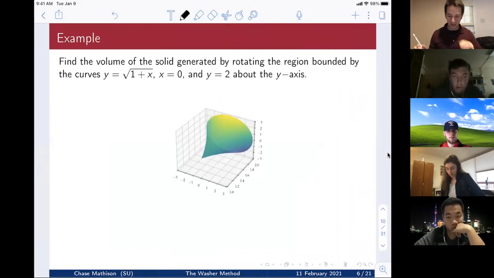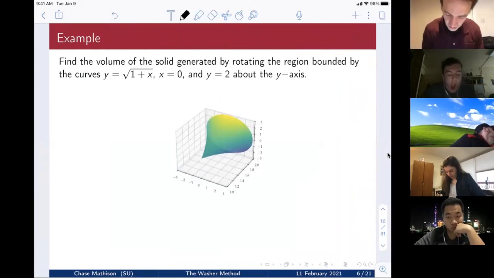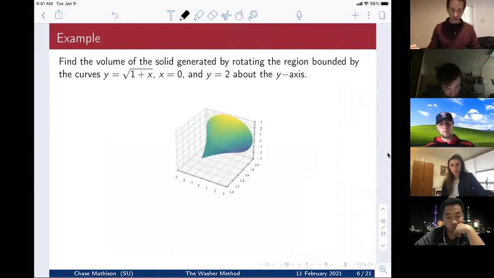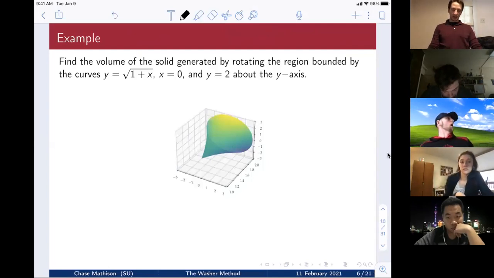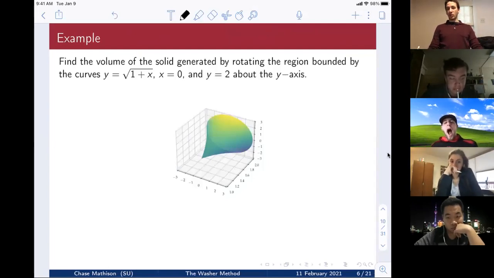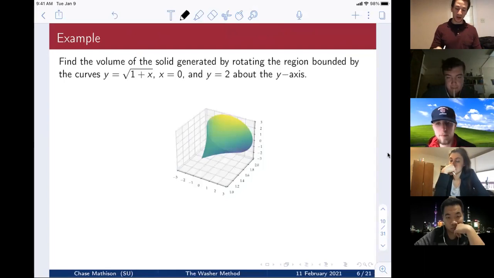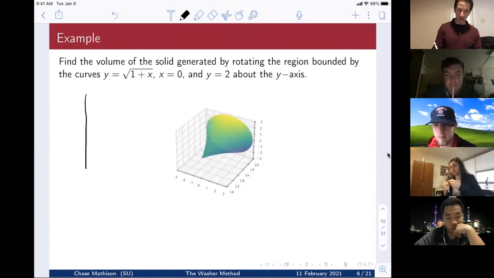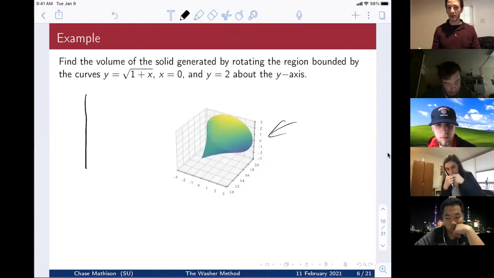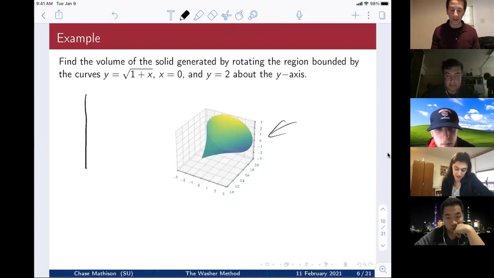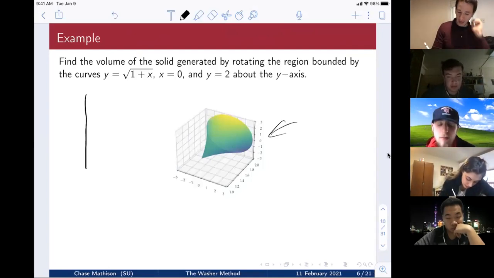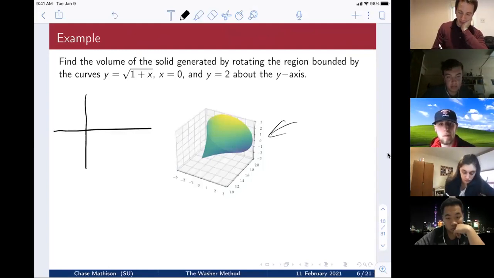All right, so an example. Let's find the volume of the solid generated by rotating the region bounded by the curves y equals the square root of 1 plus x, x equals 0, and y equals 2 about the y-axis. Here's what this shape looks like, by the way. It looks like sort of a saggy cone. If I look at what I'm actually drawing, y equals the square root of 1 plus x.